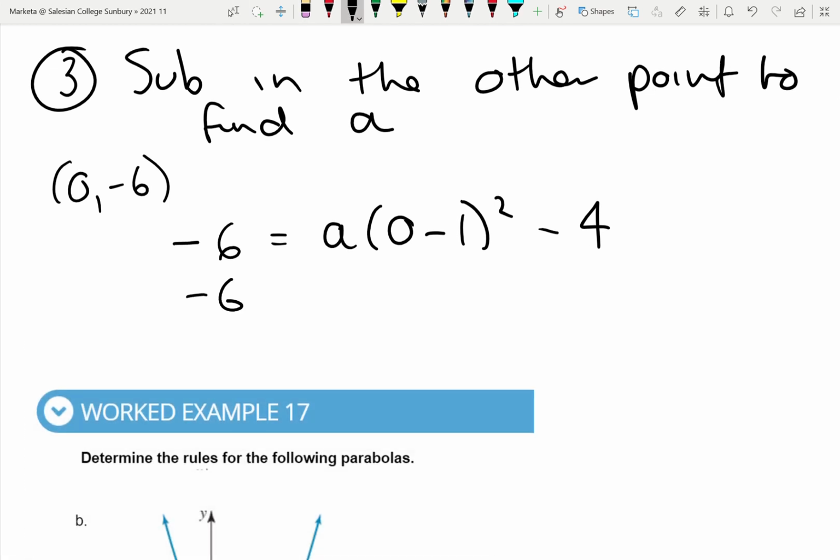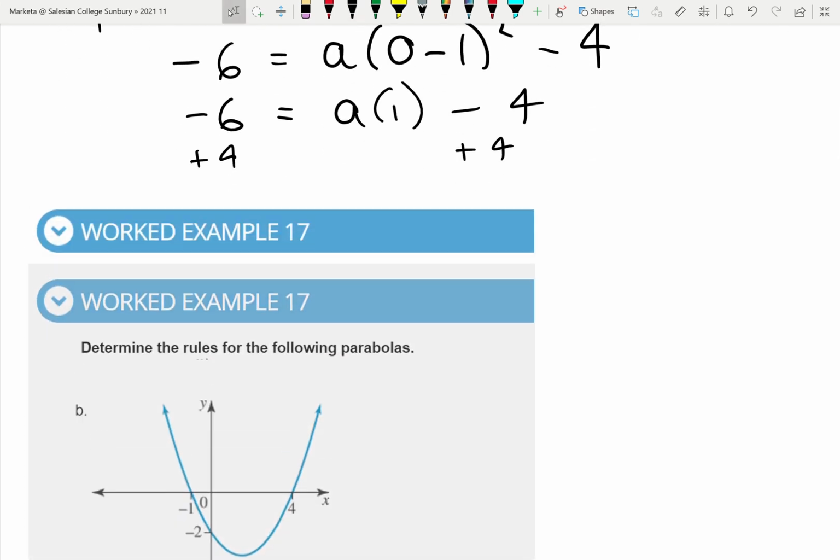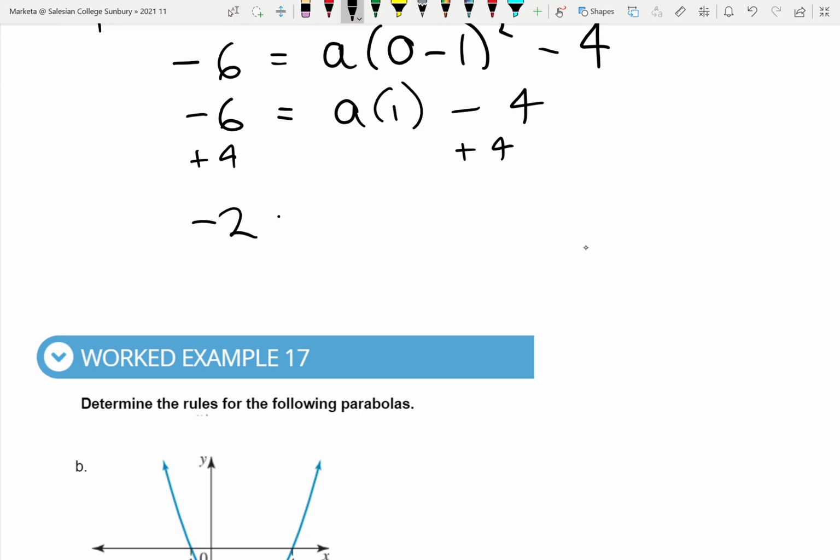So −6 equals a(−1)² − 4, and (−1)² is 1. Let's add 4 on both sides, and we get −2 equals a. And what we see here is quite important. The value of a is negative, so that's taking into account the dilation and the reflection.